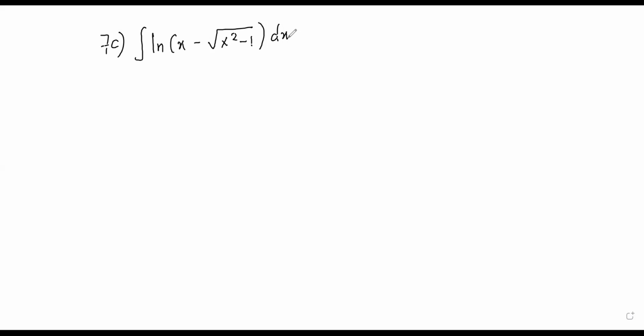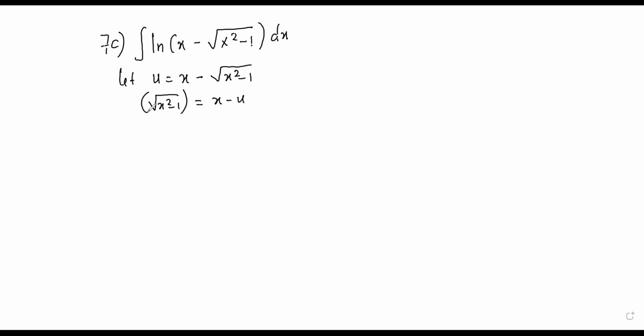Okay, so here we go straight to our use substitution and see what happens. Let u be x minus the root of x squared minus 1. And then we solve the radical equation. So we bring the root of x squared minus 1 this side, and then have x minus u.